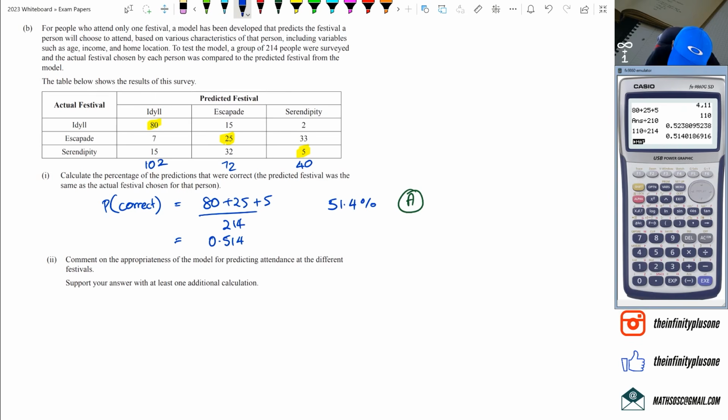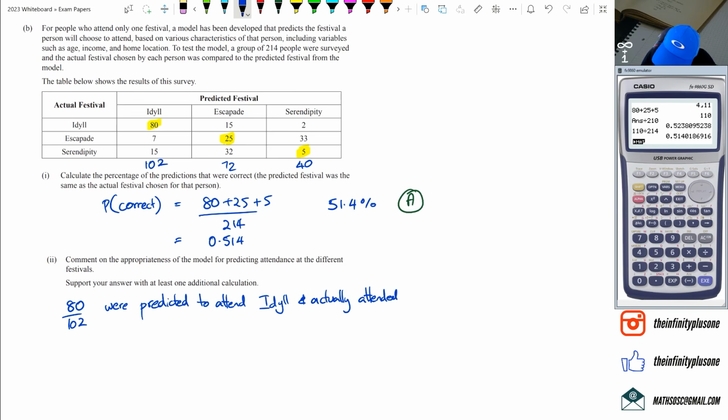So 102 people were predicted to attend Idle Festival, but only 80 of them attended, and actually attended.